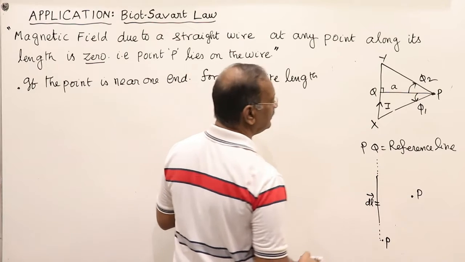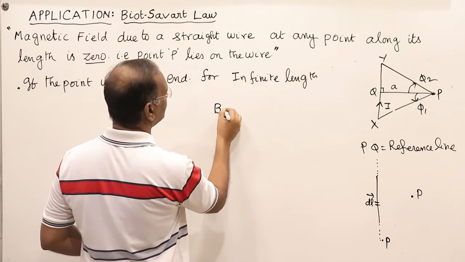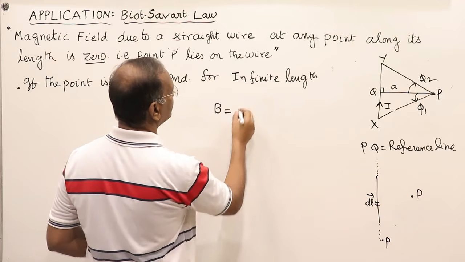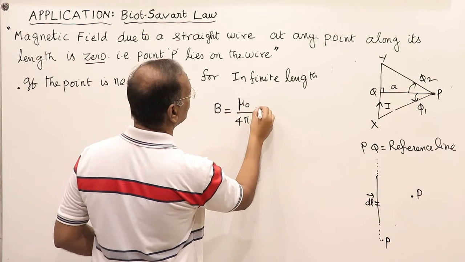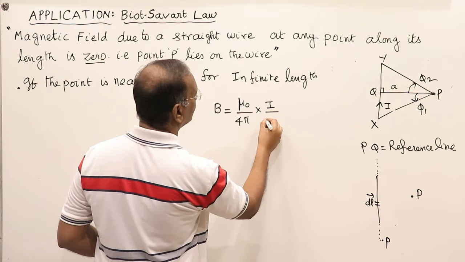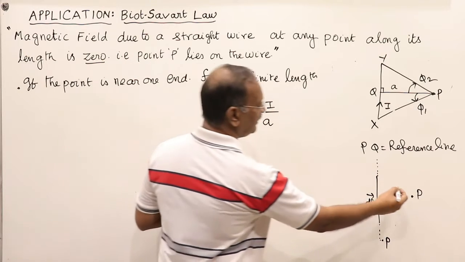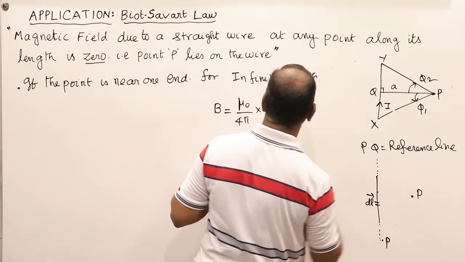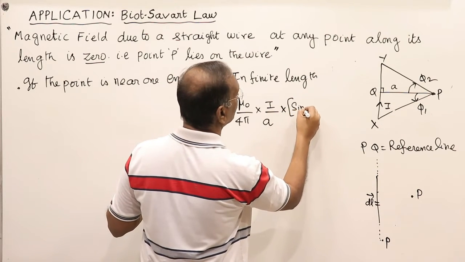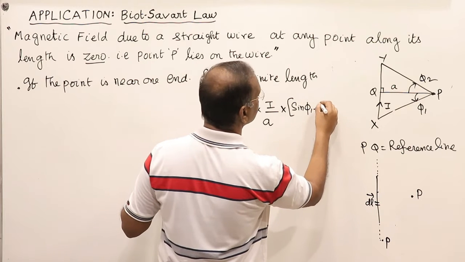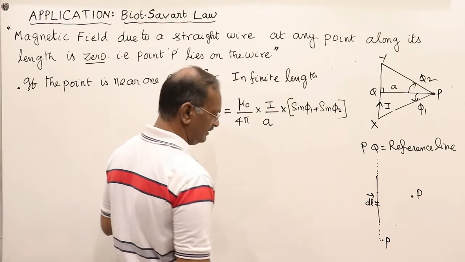Now see phi 1: the magnetic field produced by the infinite length conductor is equal to mu naught by 4 pi into the current flowing through this, divided by the perpendicular distance from the point P to Q, into sine of phi 1 plus sine of phi 2. We have already seen this.